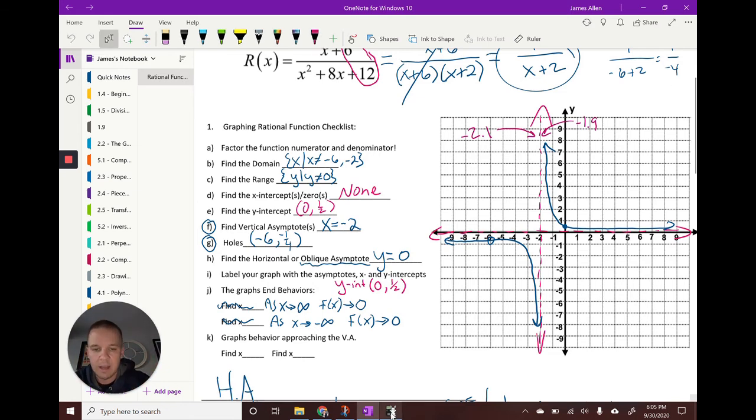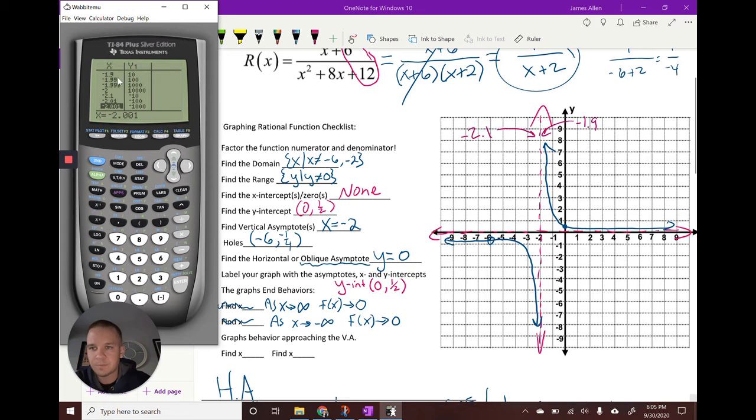So what I've done here with my calculator, my table of values, I did -1.9, then -1.99, then -1.999, and then this one up here is -1.9999, with 4 nines there. But as you can see, the number keeps going up, up, up. And if we keep going closer and closer, it's just going to keep soaring. It's going to get huge, right? It's approaching positive infinity.